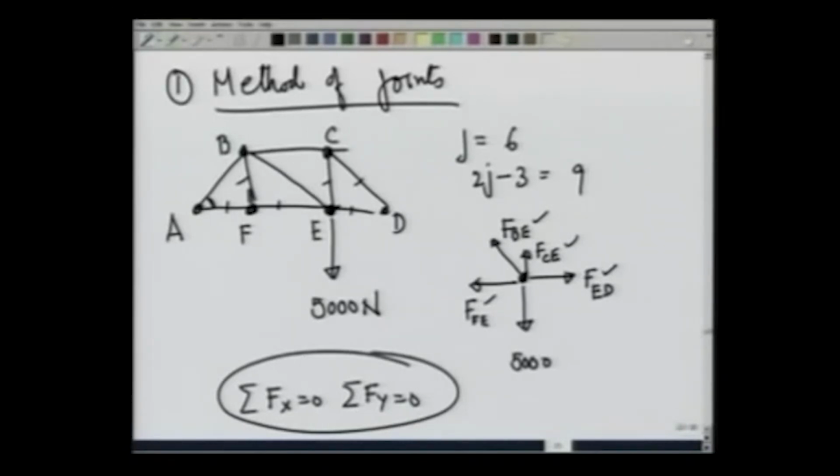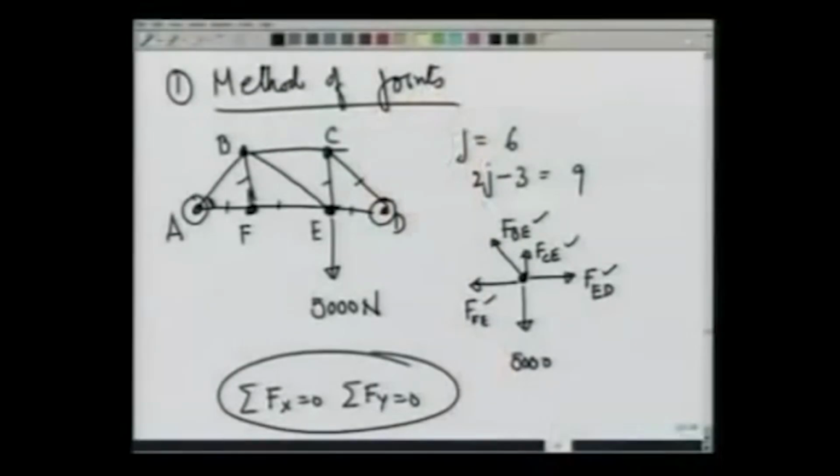For that, what I should do is get to those points where there are only 2 unknowns, and those points are A and D. So, first thing is to get the forces at A and D and then go to other joints from there onwards. So, let us do that.